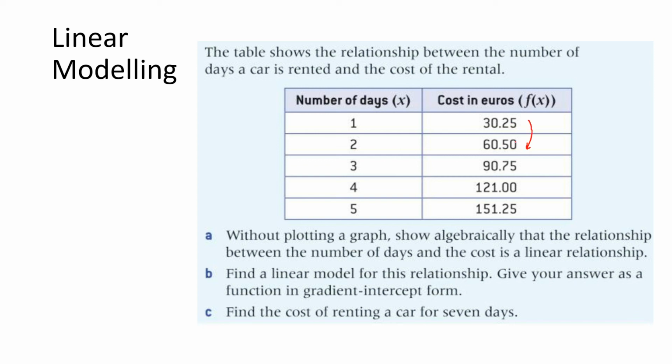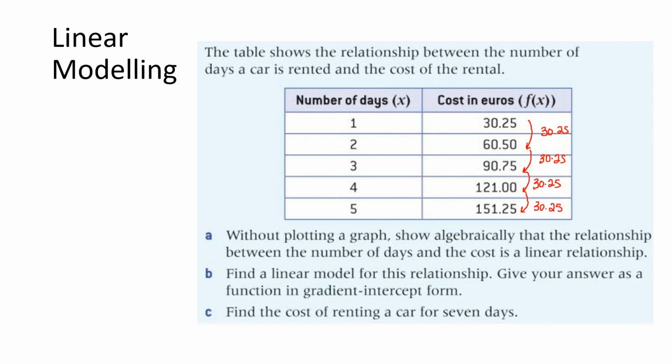So if I subtract 60.50 minus 30.25, I can see that it went up 30.25. We just want to see if that continues. And I can see, yes, I add $30.25. And then I add $30.25. So this represents our slope of this function.